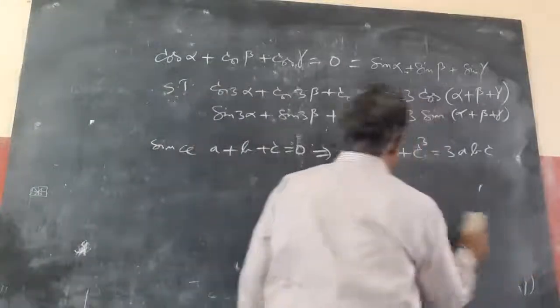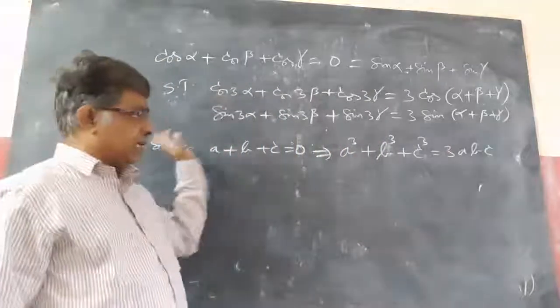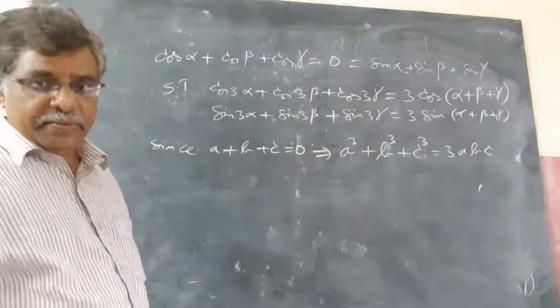Now, what is A cube actually? Cos alpha plus I sin alpha whole cube. We took A as cos alpha plus I sin alpha.